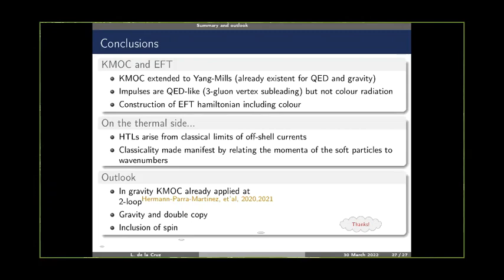Because in fact, I didn't know that it could be applied to color charge too.